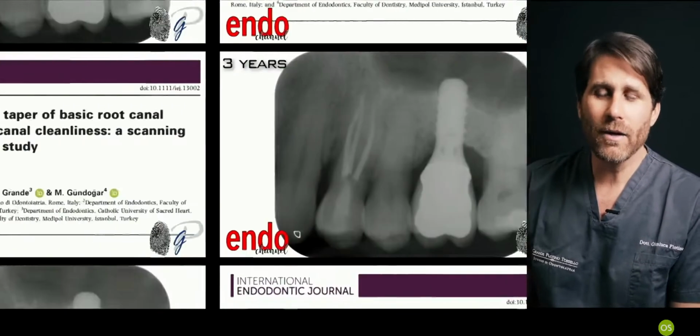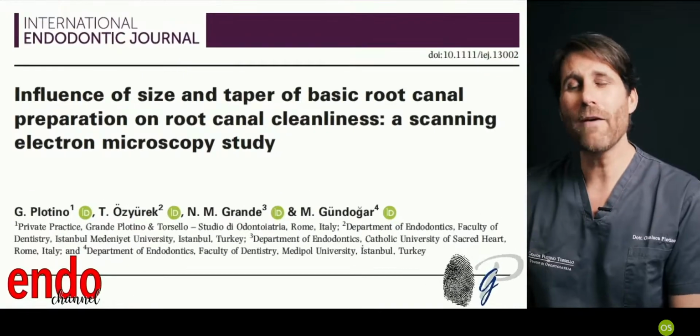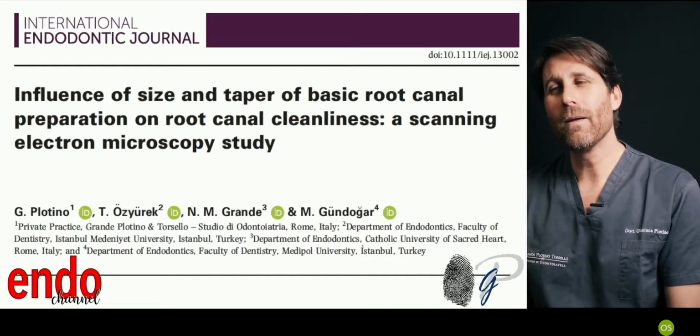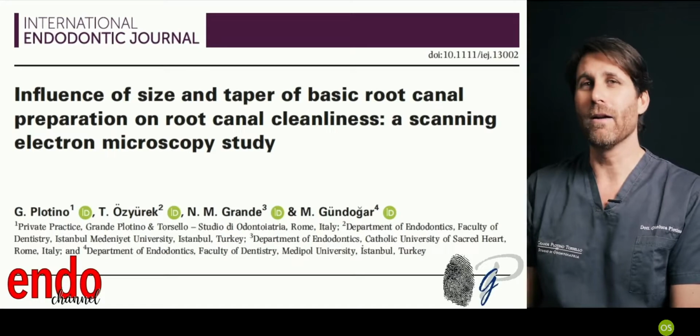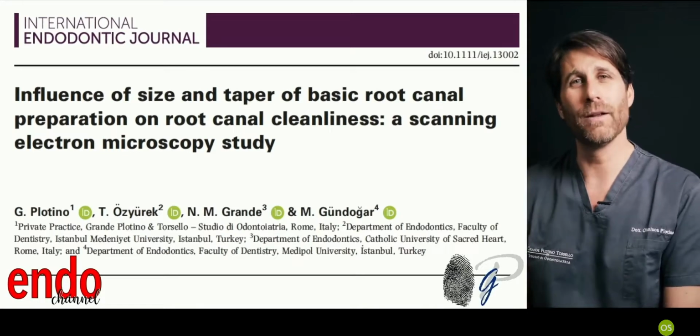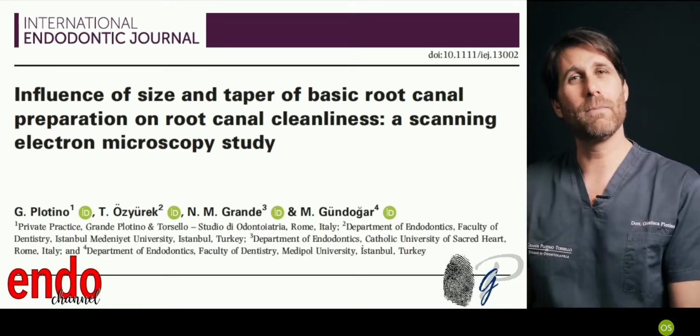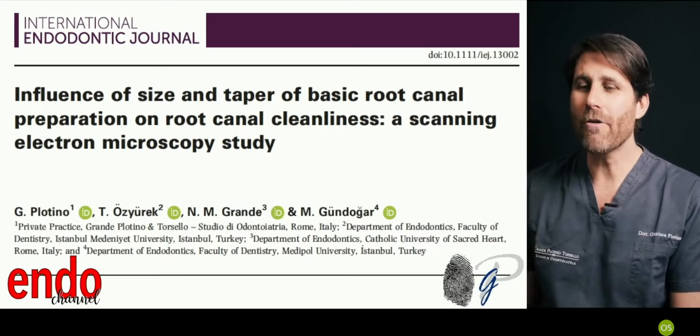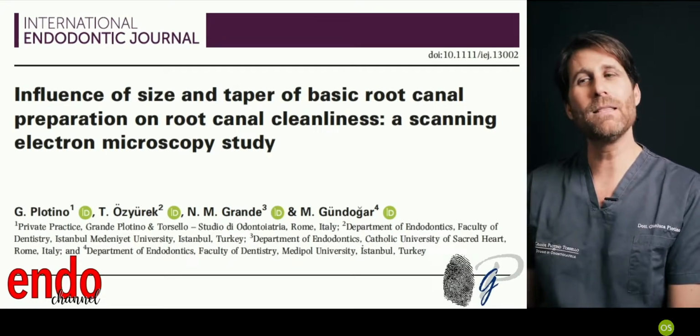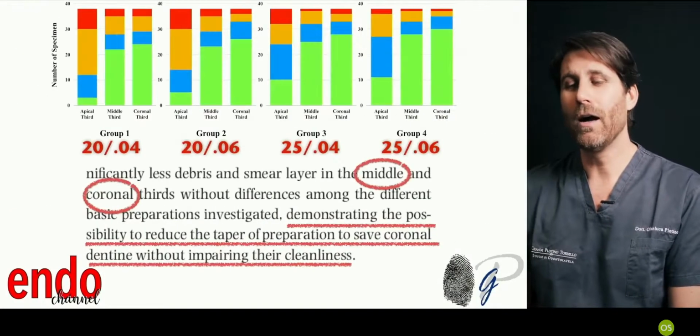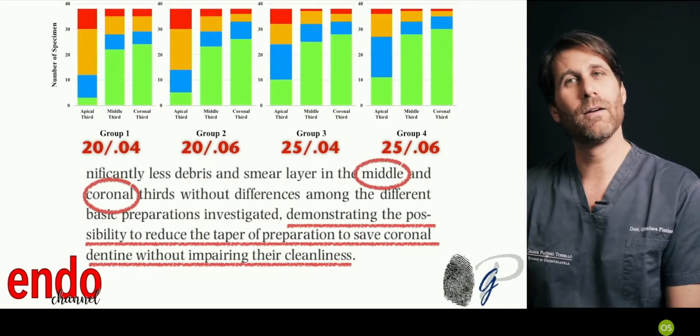In one study that we have performed, we have seen that even if we prepare a lower tapered, conservative preparation in the coronal third, we are able to clean the middle and coronal third very effectively.